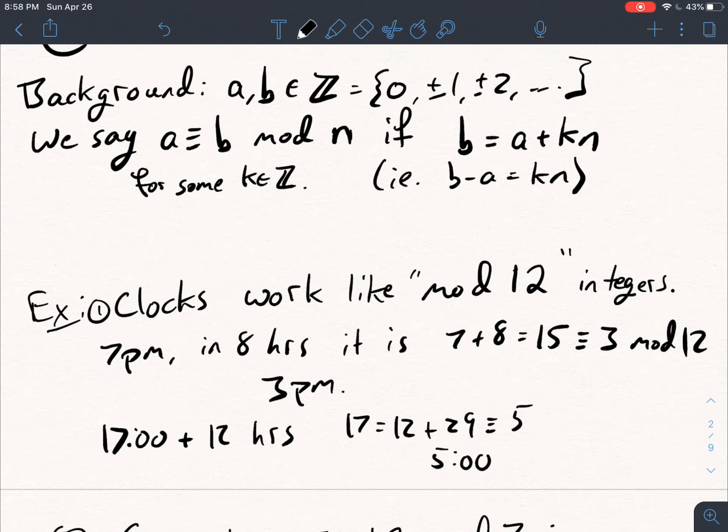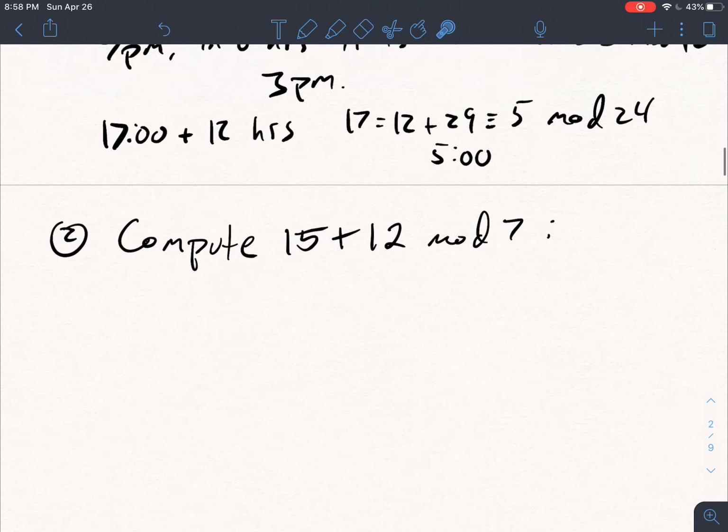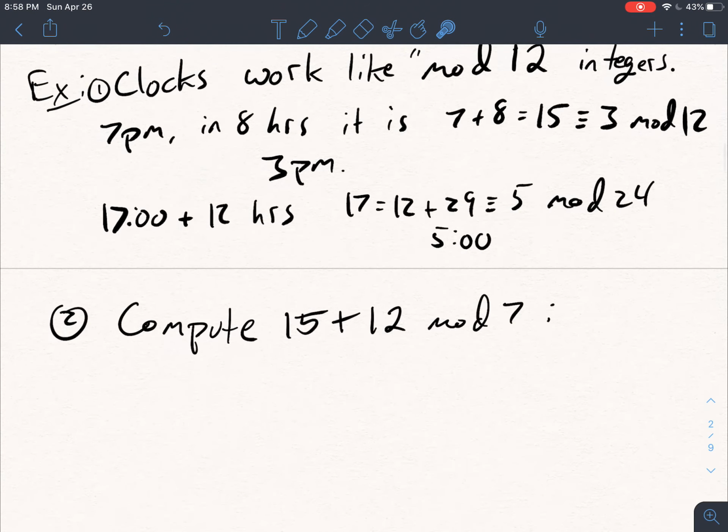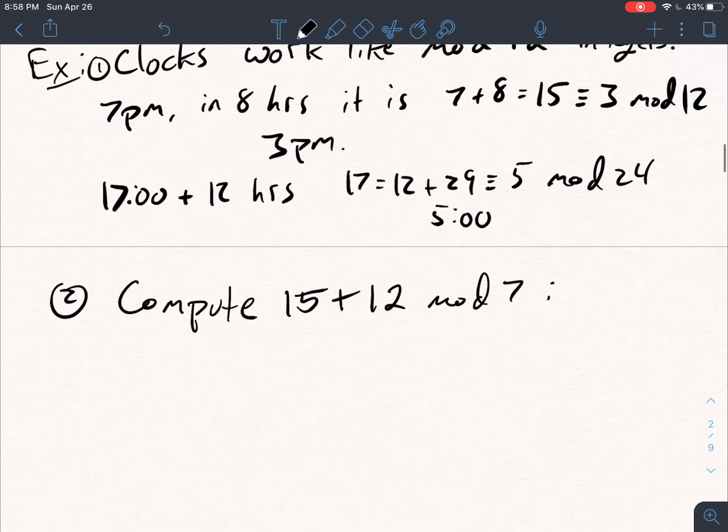And then you could subtract 24 to get 5. So then it would be 5 o'clock military time. Sorry, this was mod 24. So mod 24, 5 and 29 are the same. Okay.